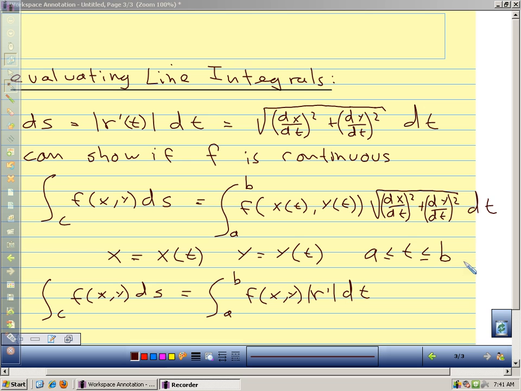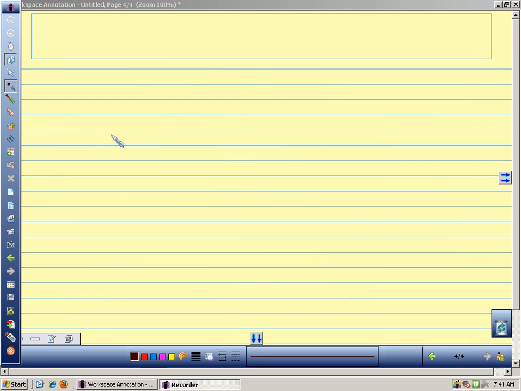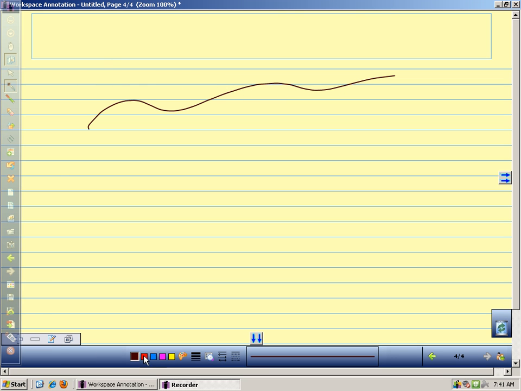We can also think of this, if f of x, y is positive, as an area. If we think of our path as some curve in the plane, and f of x, y is positive, we have f up above our curve. F of x, y is going to be this distance.